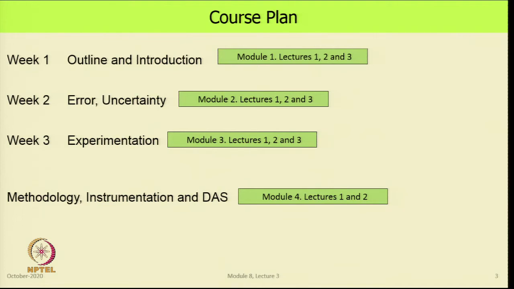In week 1, which was module 1, lectures 1, 2 and 3, we looked at the outline of the course and we introduced the various terms in measurement and uncertainty science.